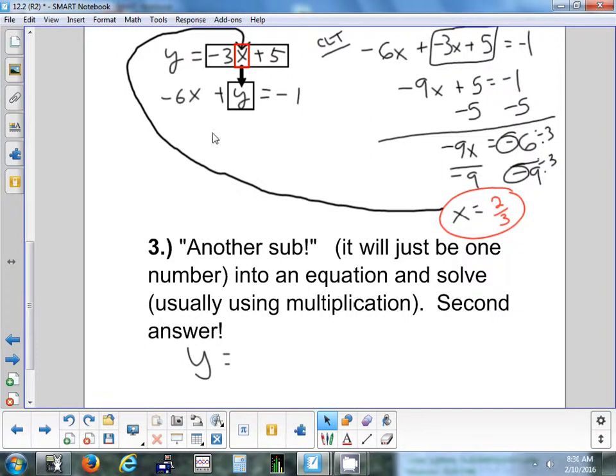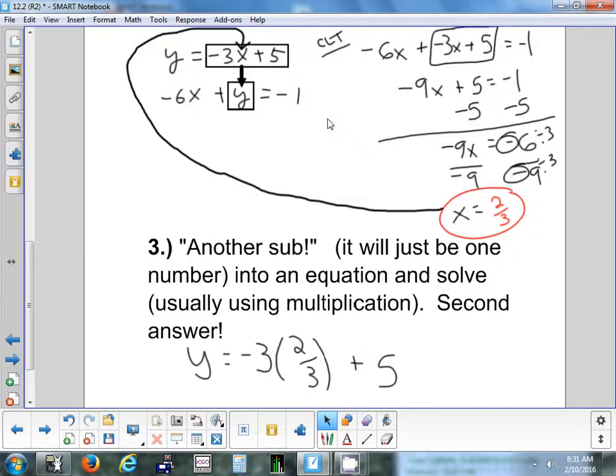Negative 3 times 2 over 3. Nice job. There's the other substitution. I got the x. I'm substituting it now. 2/3, and then what's left, Alexis? Plus 5.